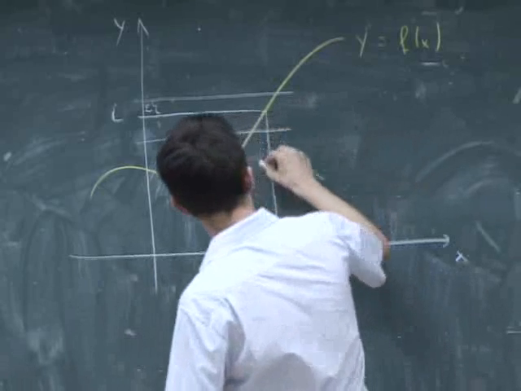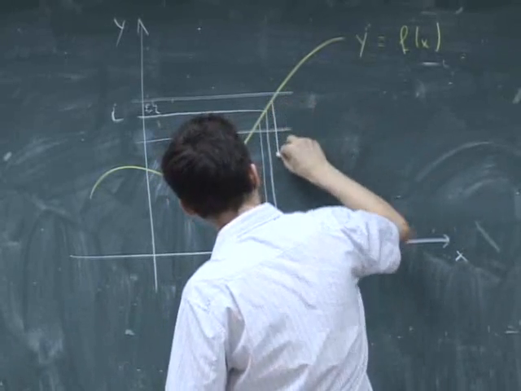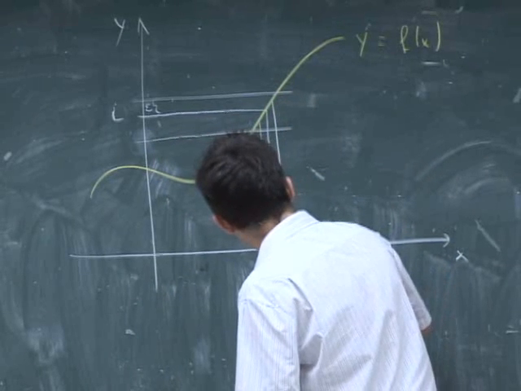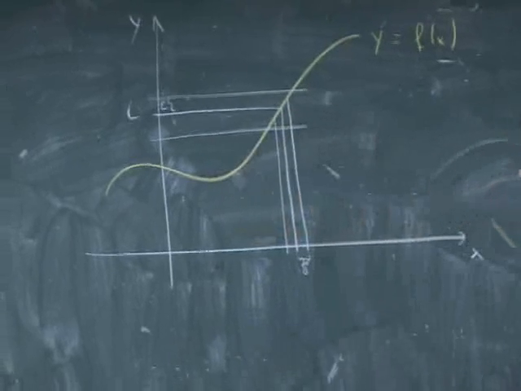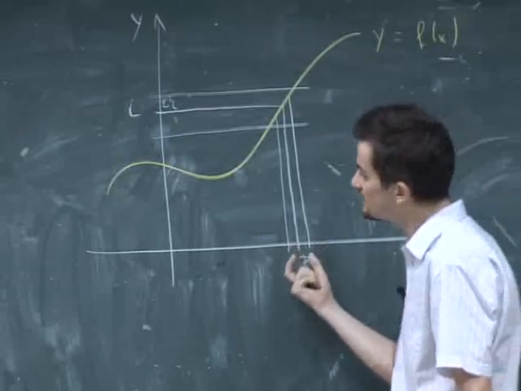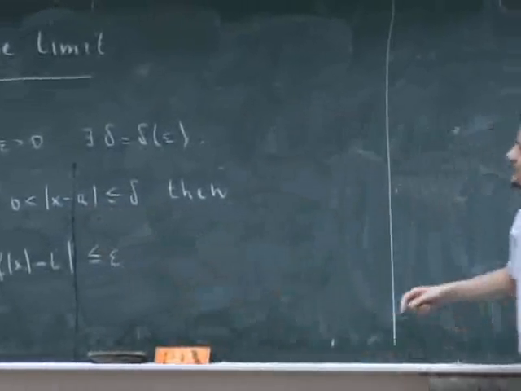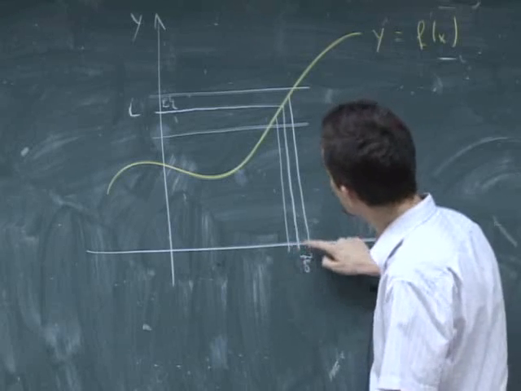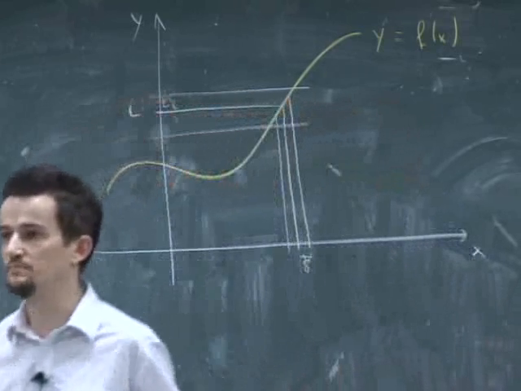You see, for instance, if you choose this here as delta, then you see that now for all x which are within this interval here, the interval from a minus delta to a plus delta, all those x, the corresponding function values are within the epsilon strip.